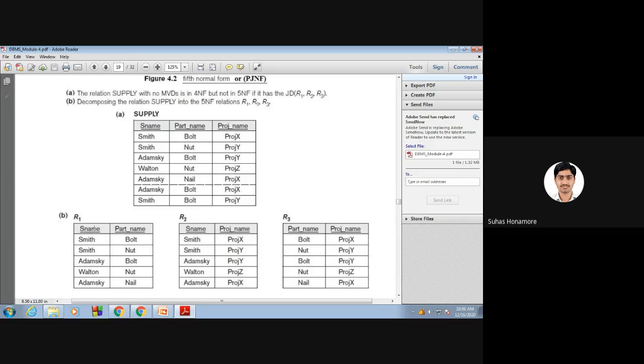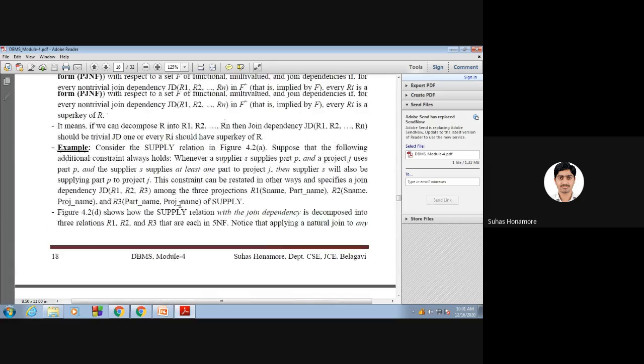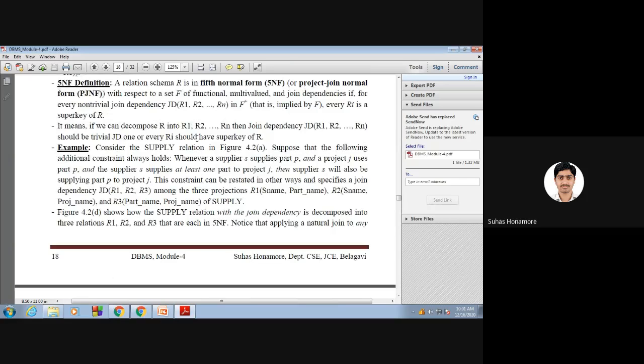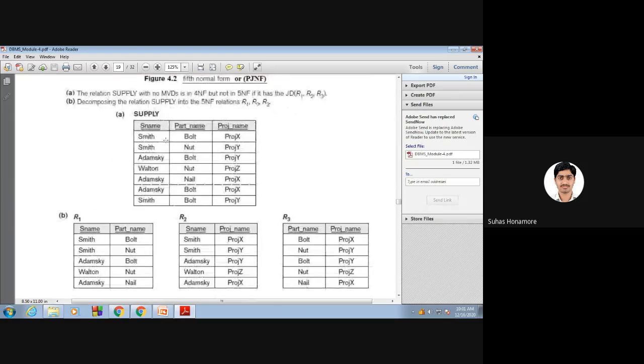If you saw, we had the definition: if there is a join dependency R1, R2, ..., Rn, every Ri is a super key of R. Here, these three together were the super key.